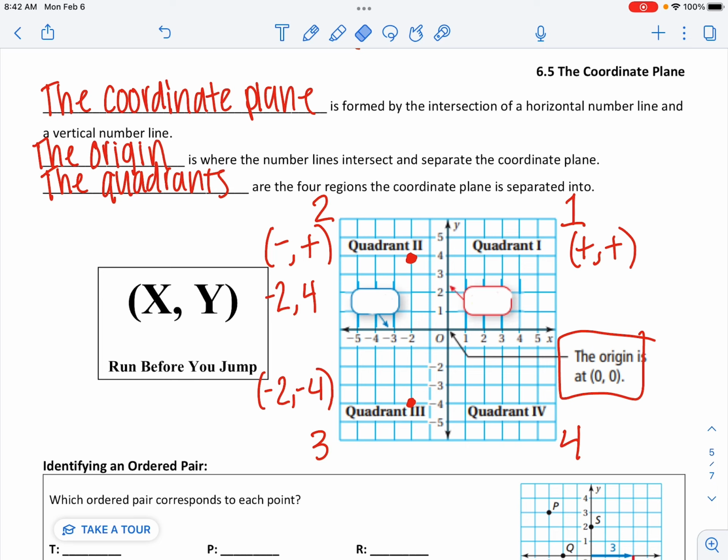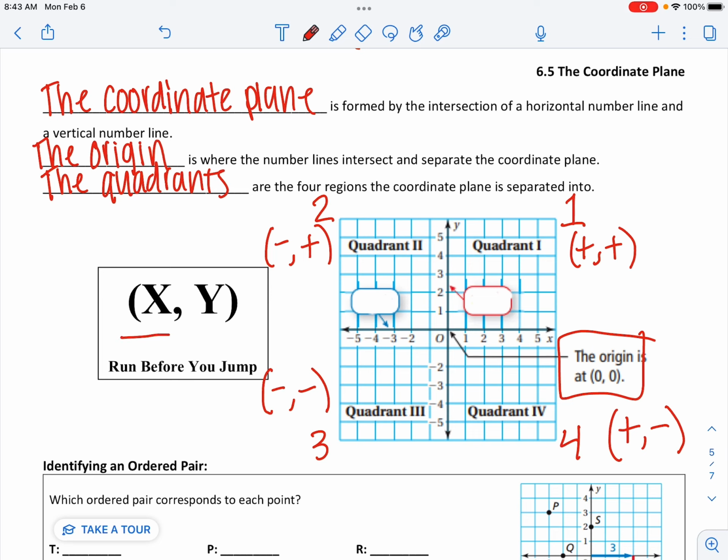So this one is negative, negative. And then this fourth one, we have our positives on the x-axis, negatives on the y-axis. So it's going to be positive, negative.